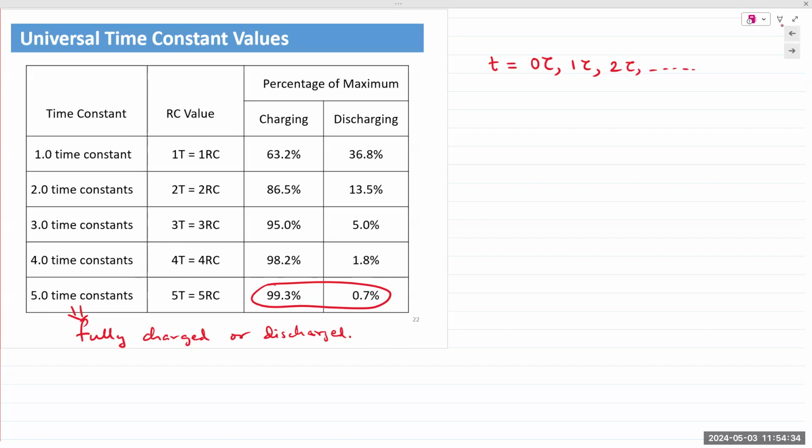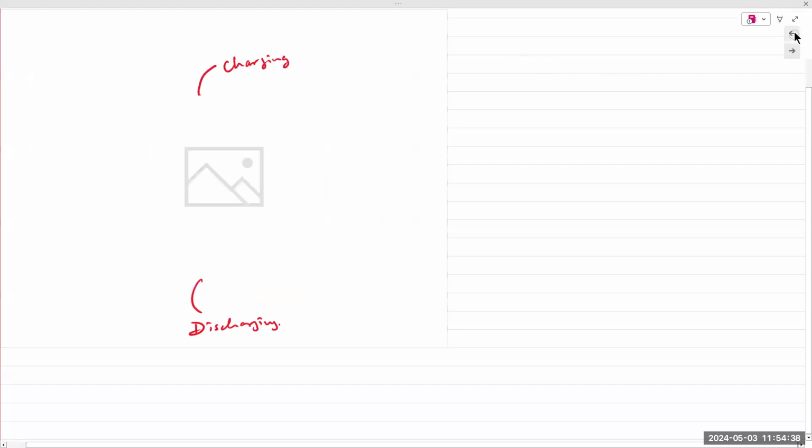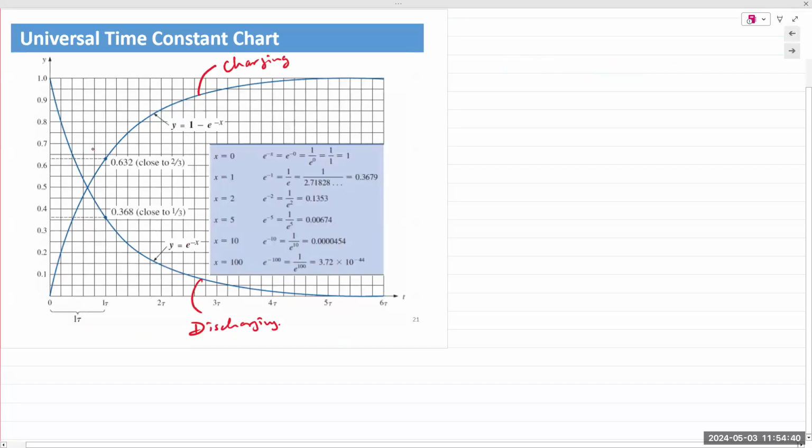If you look at these numbers, after the first time constant, we're going to look at the chart. Right here is the first time constant where it's charging. It acquires more than 60% of its total value right after the first time constant. It's a big jump, right? It's exponential. So there's a big jump and then it flattens out over time. Similarly, when it's discharging, it loses more than 60% of its value after the first time constant.